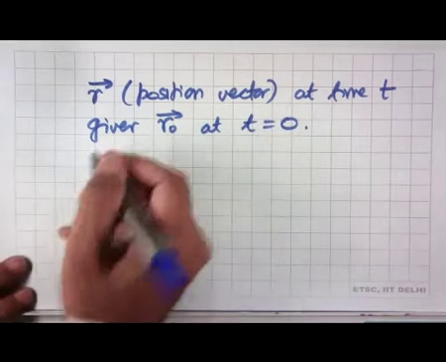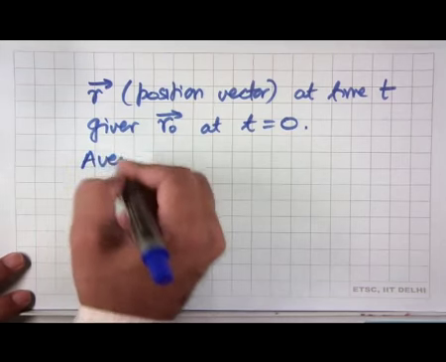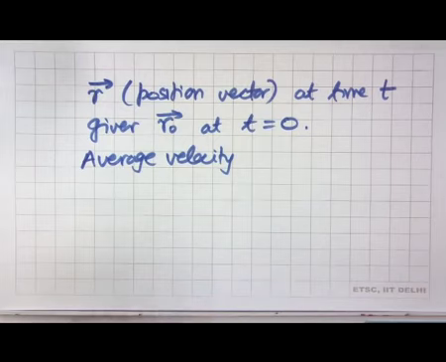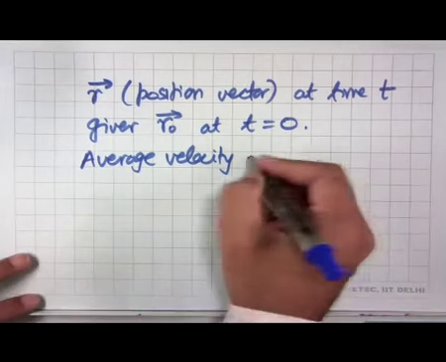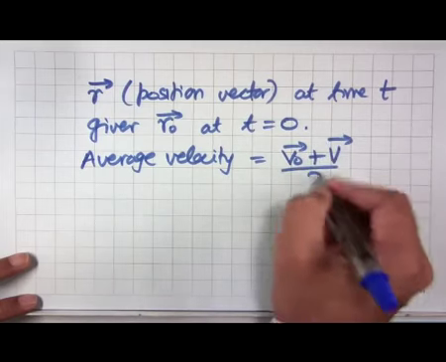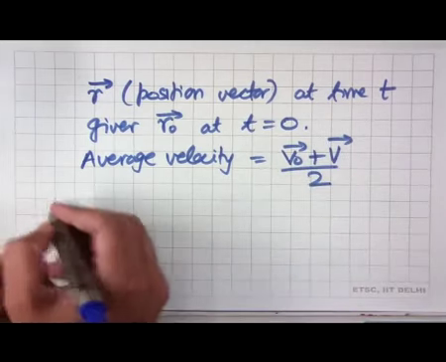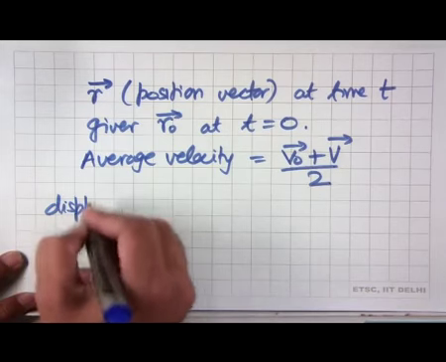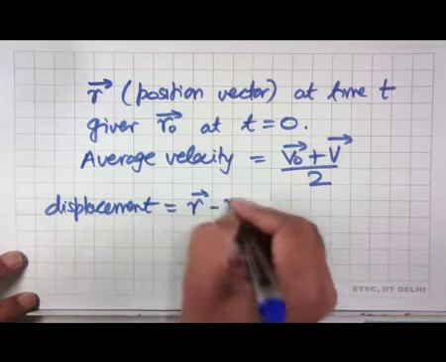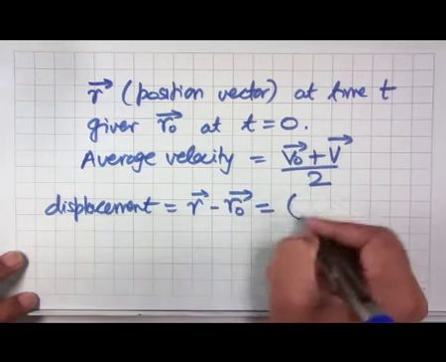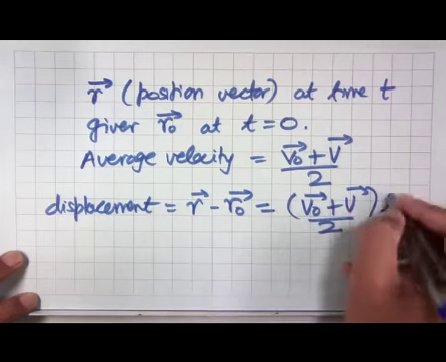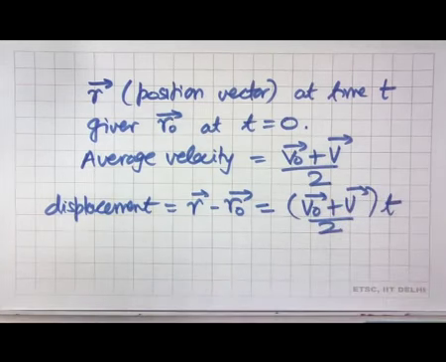Now, to do this, we see that the average velocity between time t and time 0 will be given by v0 plus v divided by 2, and so the displacement, which is equal to r minus r0, will be given by the average velocity times t. This works out because the acceleration is constant.